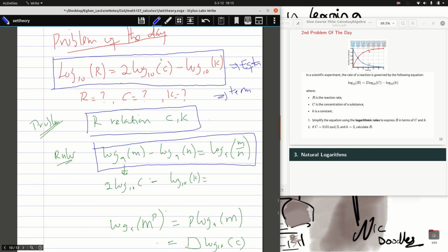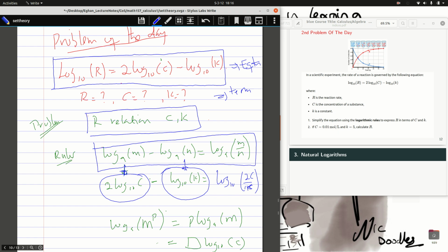I can divide. So if I rewrite this as my 2 log C base 10, and I rewrite this one as my log K base 10, does it mean that I have the answer as log 10 of 2C over K? That is the question.